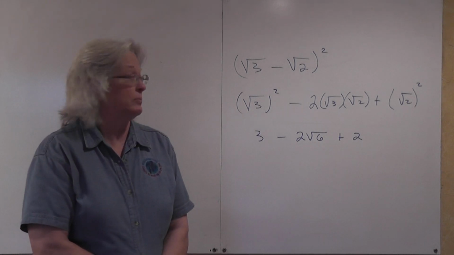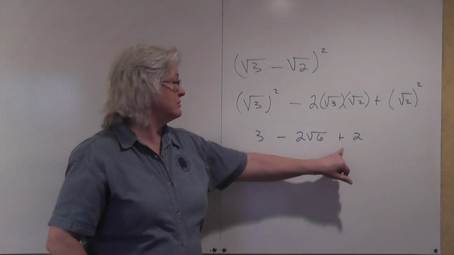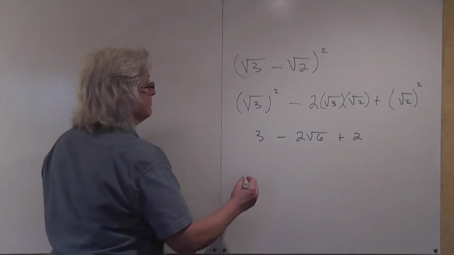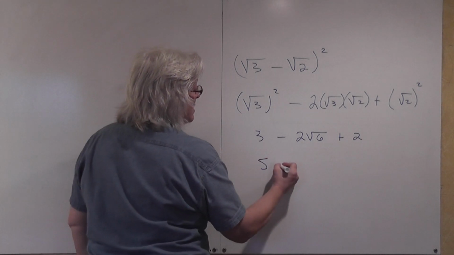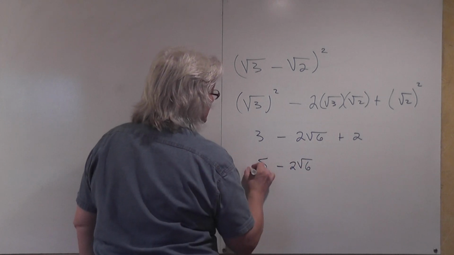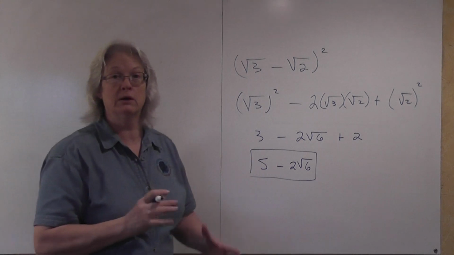I made up a problem. This is a good one to use. 3 minus 2 times the square root of 6 plus 2. 3 plus 2 is 5. Minus 2 times the square root of 6. Is there anything else that you can do there?